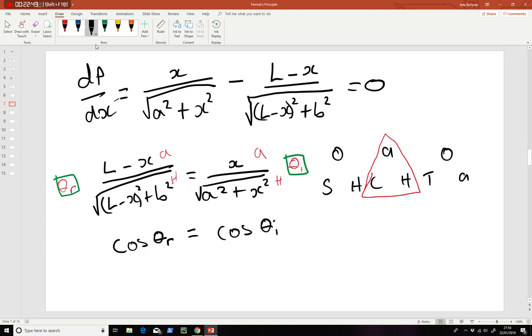Because cos of the angle of refraction equals cos of the angle of incidence, this is basically saying that the angle of refraction equals the angle of incidence, which is the law of reflection.